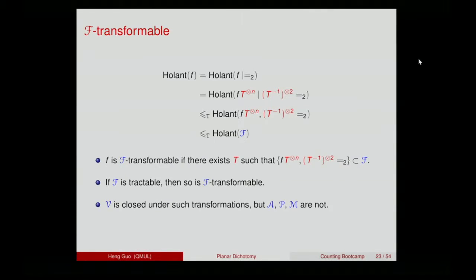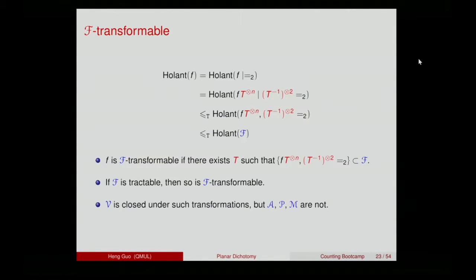Okay, then interestingly, this vanishing set is closed under these transformations. Well, it's sort of intuitive because it always gives 0. Whatever you transform, it always gives 0. But the other three are not. So this is where things differ from CSP, I think. In CSP, you only consider these three cases, and we don't need to consider these transformations. And moreover, the gadget construction is sort of commutative with transformations.